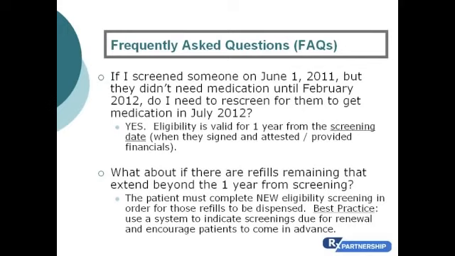The best practice here is to have a system that indicates that screenings are due for renewal. Some people are using Excel spreadsheets. Some of them are putting a little reminder on their QS1 pharmacy system. But you definitely want to encourage patients to come in so that there's not a lapse in eligibility.